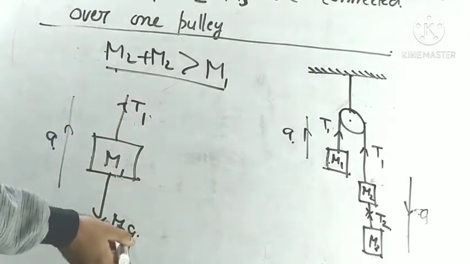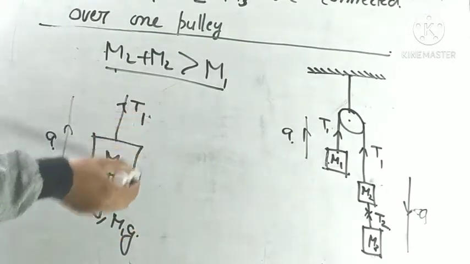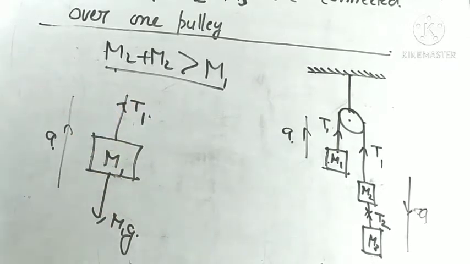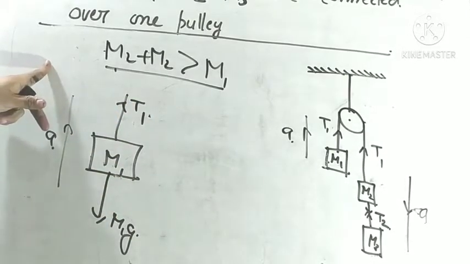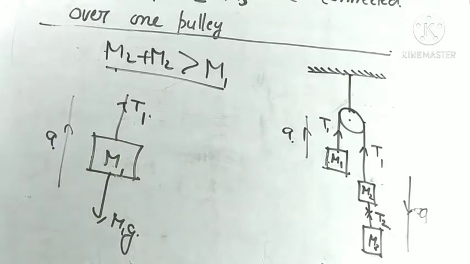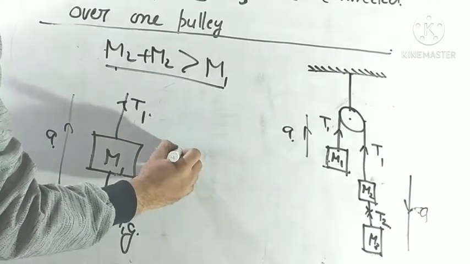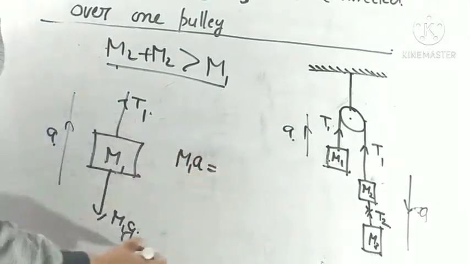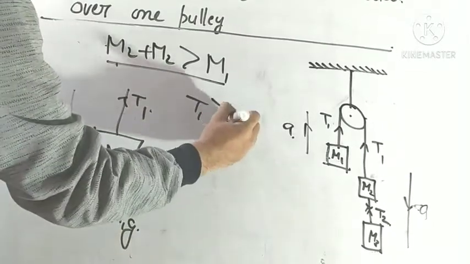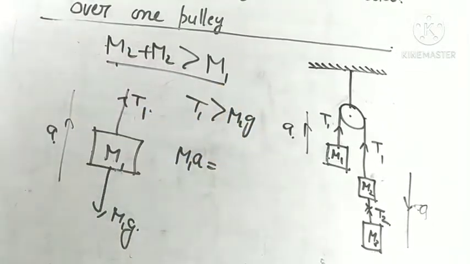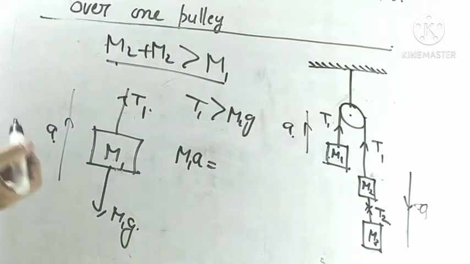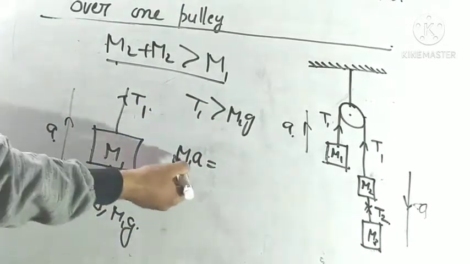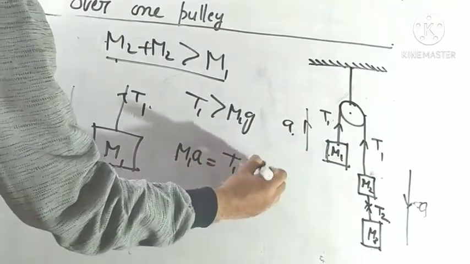The directions of these two forces are opposite, but the body moves upward, so there will be a net force m1a. If the tension T1 in the string is greater than the weight m1g, then the body moves vertically upward, so the net force is m1a equal to T1 minus m1g.